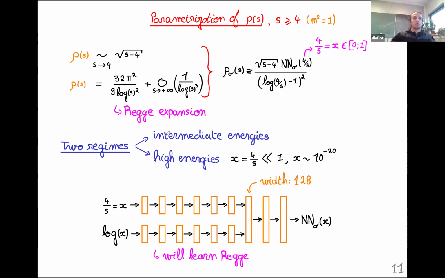In this case it actually works: you can really solve unitarity in the intermediate energy regime, but you cannot see the Regge expansion, which is known. So we used this trick really in order to be able to see this Regge expansion. I see. Thanks.